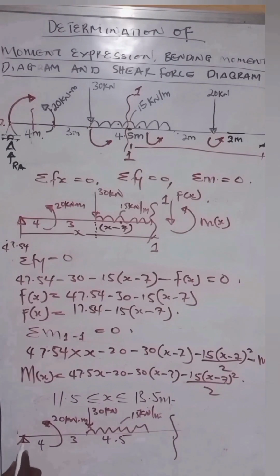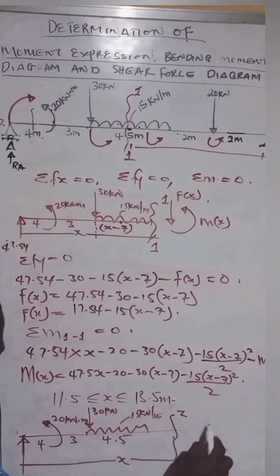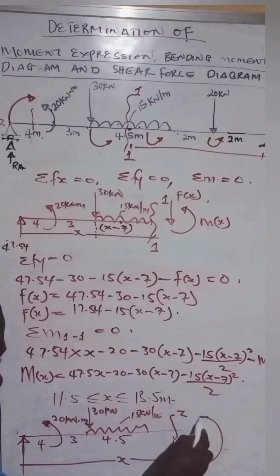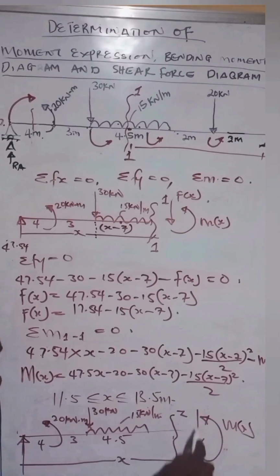So now we are going to have our value for x running to. Let's call here whatever I want to call it, maybe zz, whatever is the section. The moment remains the same, M of x. We have the shear F of x. So this is what we have. All right, so with this we can confidently obtain the moment expression and the shear force expression.